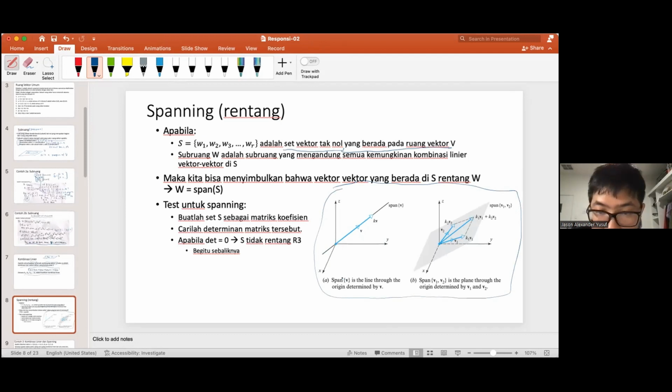As you can see, span B is the line itself here, and V here, that is determined by V. I don't really have the right words to explain, but if you look at the diagram, spanning is basically something that follows this order, that follows the blue. That's the best way I can explain it based on this diagram.